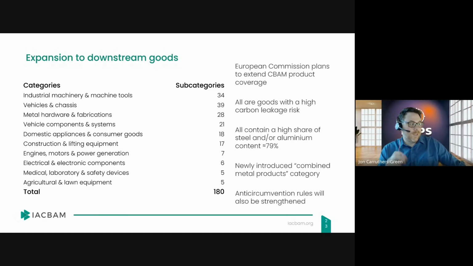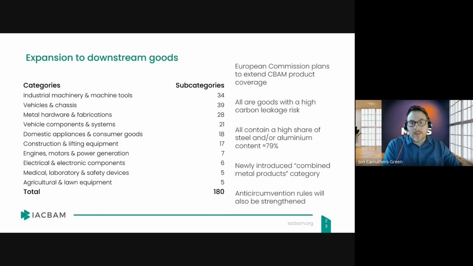So while CBAM is almost entirely an iron and steel scheme, even with an expansion of products, we expect it to continue to primarily focus on the iron and steel industry. As I say, though, this is a proposal that's been put out by the European Commission, and we're not expecting any of these categories to be brought in by 2028 at the earliest.